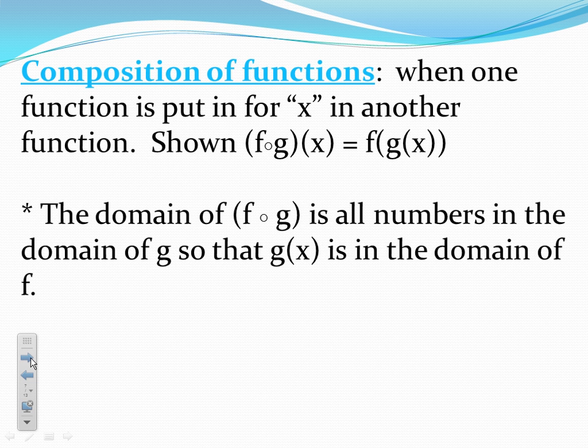Okay? We are also going to be asked to find domains of this kind of a situation. The domain of f composed of g is all numbers in the domain of g, so that g of x is in the domain of f. All right, we'll take a look at an example of that.